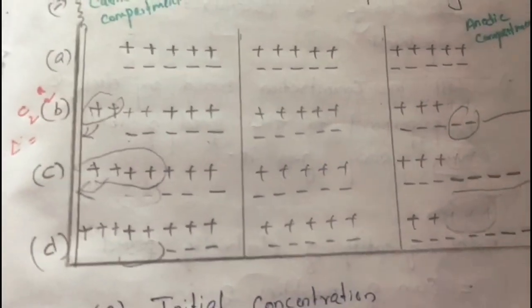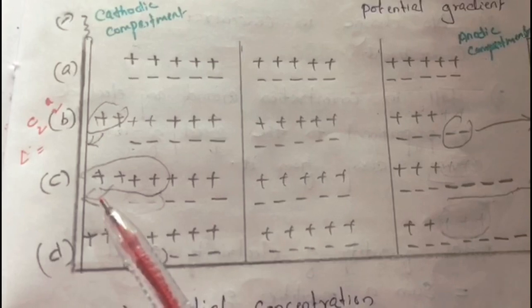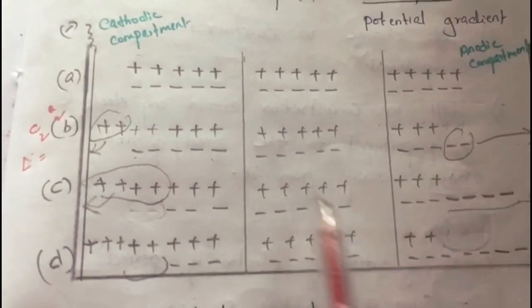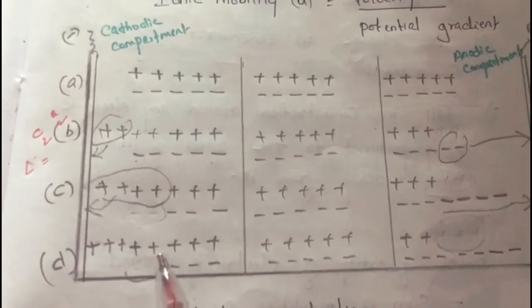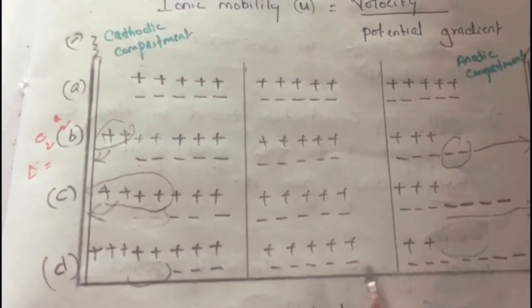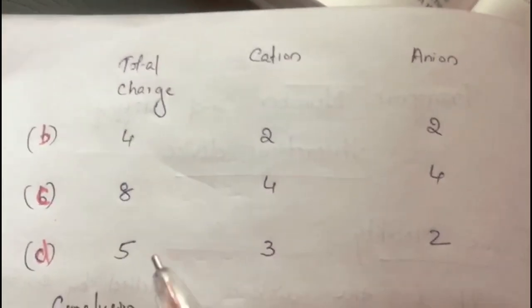So what will happen in C? In the case of C, 4 cations move towards the cathode. So the number of cations is 4 and the number of anions is 4. So the total charge is 8. In the case of D, the total charge is 5 plus 5, and cation is 5 and the anion is 5. So here it is written total charge.